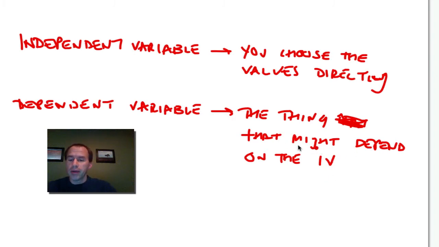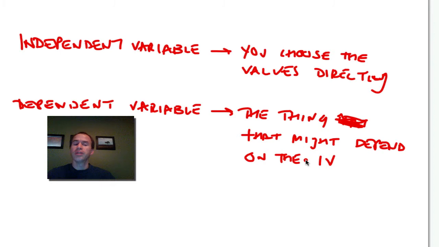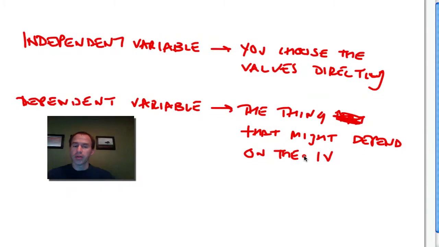I say might depend because you don't know. Maybe the amount of homework you do has no effect on your grade on a test. I don't think that's true, but you're doing the experiment because you want to see how your test grade depends on the amount of homework that you do. And finally, there are things that have to be held constant.